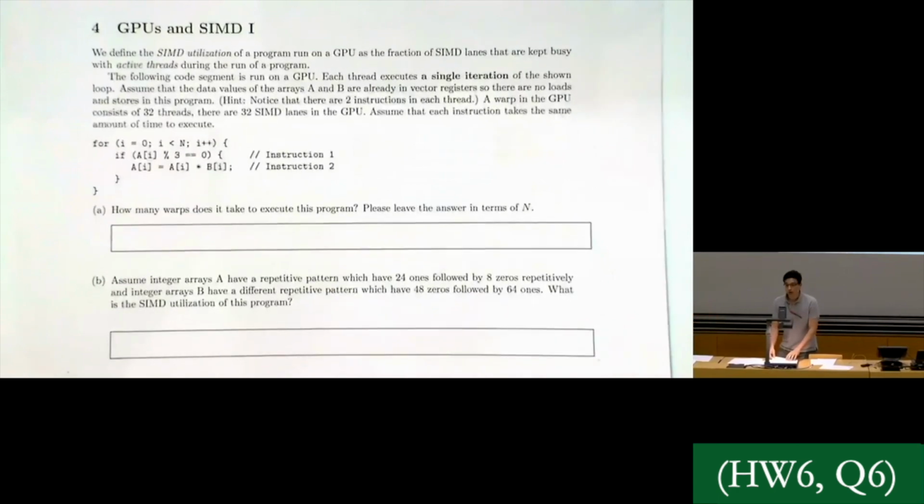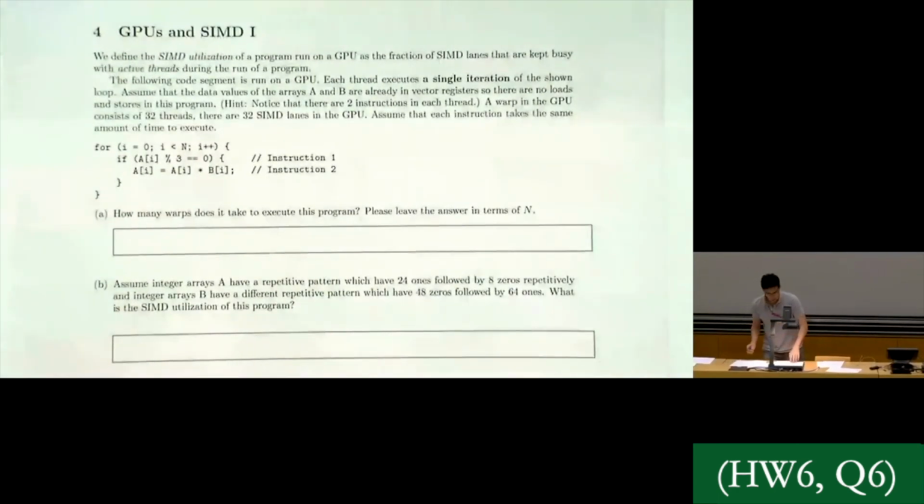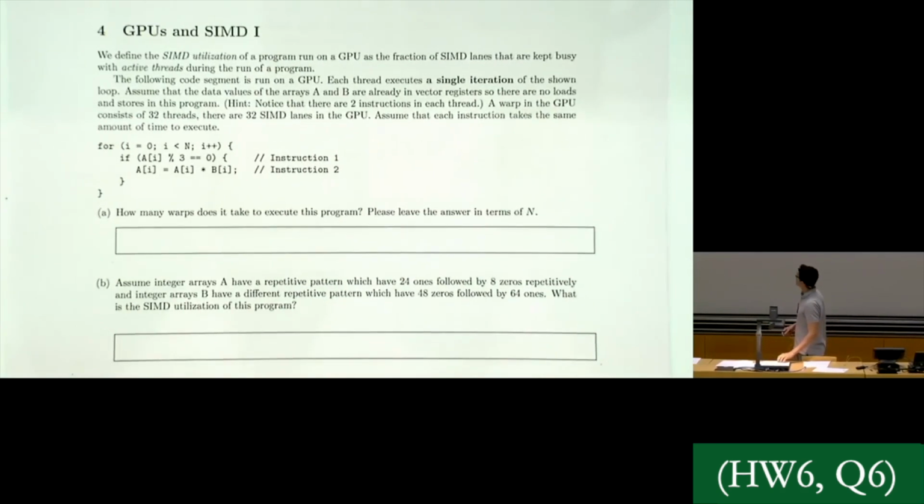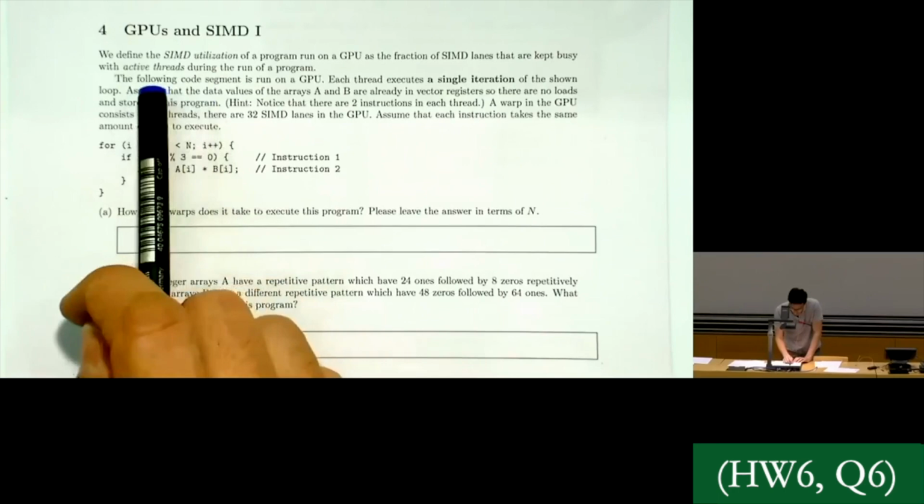So this is a typical question in which you have to calculate the SIMD utilization. Remember that the SIMD utilization, not only in GPUs but also in vector processors, means the ratio of lanes that you are actually using. Here, the first thing you have is the definition.